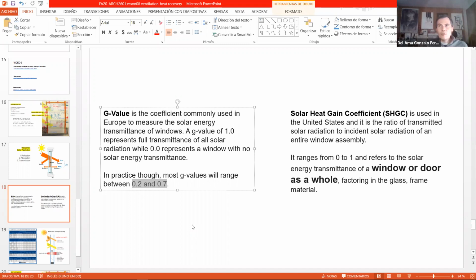If you are going to use the building in winter and in summer you have holidays, your concern is winter. If it's the other way around, if you are not using the building from November to February and you are using it in summer, then you might think that you need low G values.